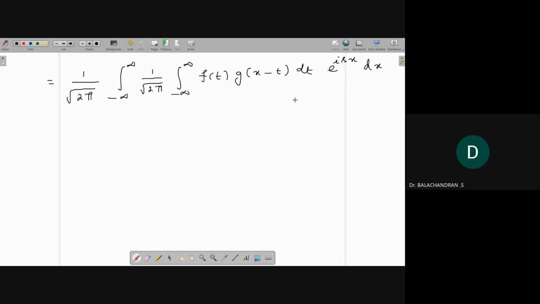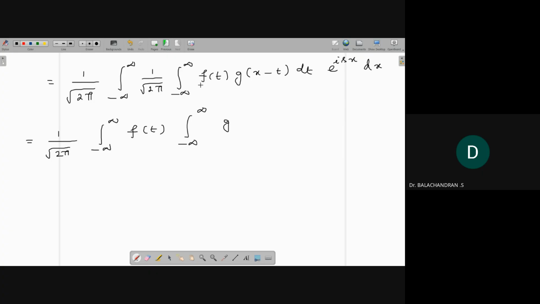So now I'm going to change the order, first with respect to x and then with respect to t. So 1 by root 2 pi, integral from minus infinity to plus infinity. Here the integration is now with respect to t, so I'll take f of t outside the inner integral. Here x is varying from minus infinity to plus infinity.